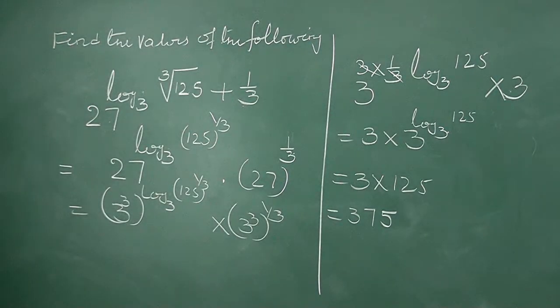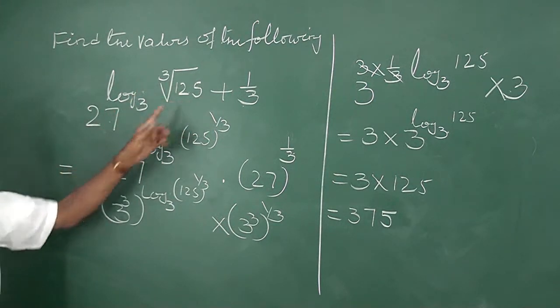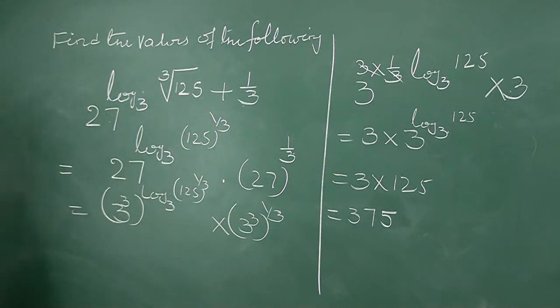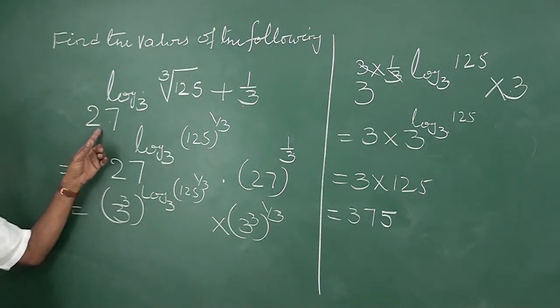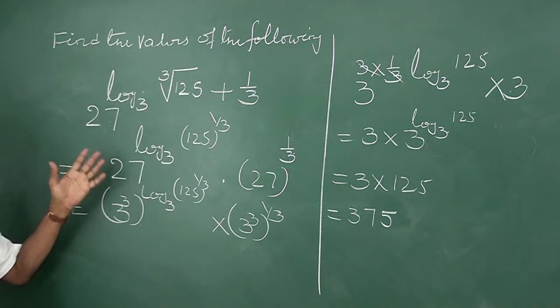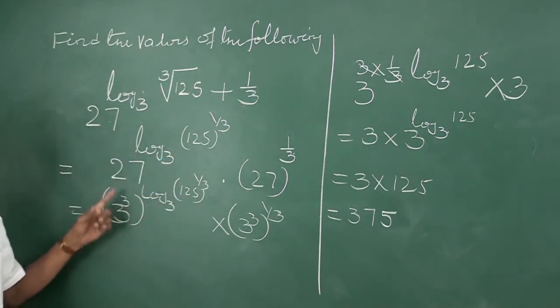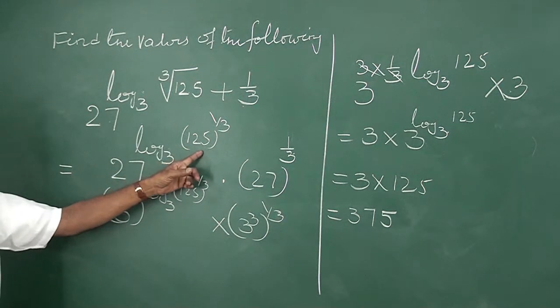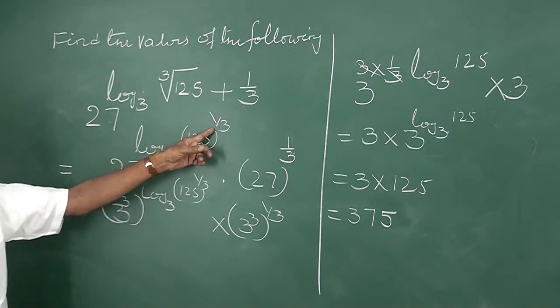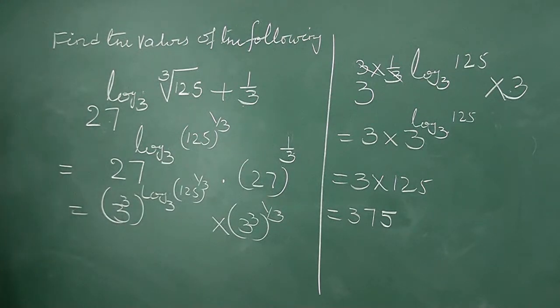So therefore the value of 27 to the power log of cube root 125 to the base 3 plus 1 by 3 is 375. Now this is the given value for us, and first we have written this as the product of these two, that is 27 to the power of log 125 to the power 1 by 3 to the base 3 into 27 to the power 1 by 3.